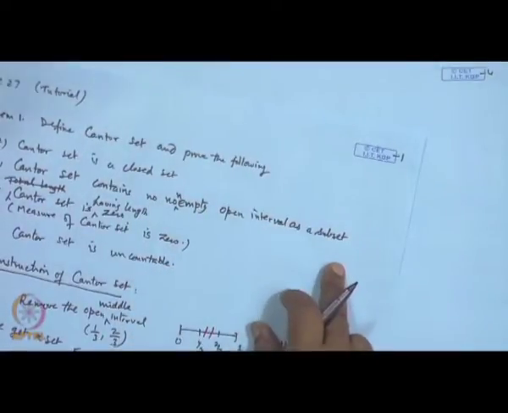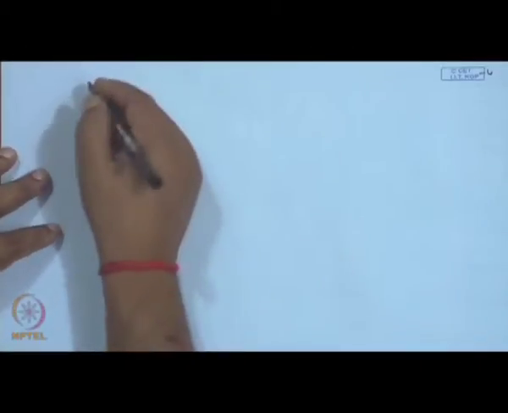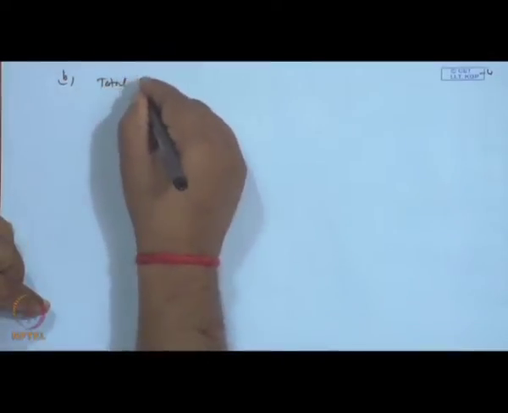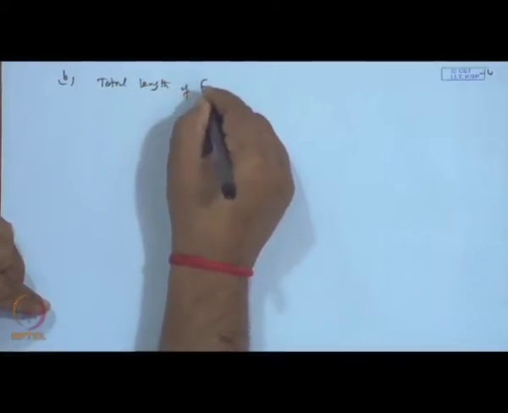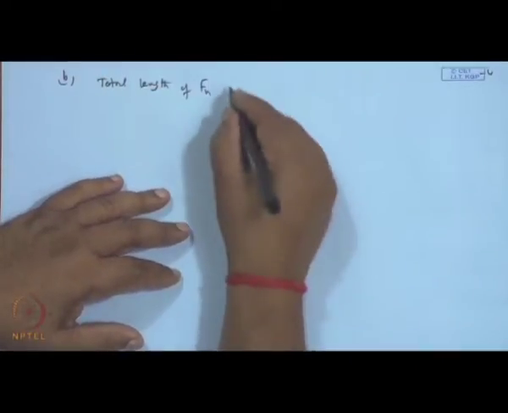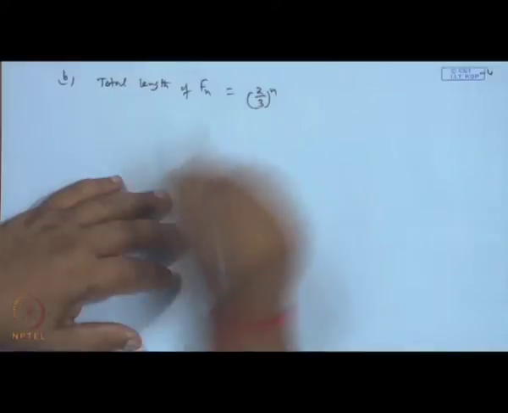Second, we wanted to show that the Cantor set contains no non-empty intervals as a subset, and that the length or measure of the Cantor set is 0. So, what is our part B? The total length of Fn is nothing but 2 by 3 to the power n.